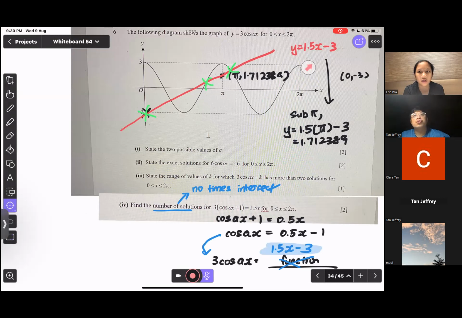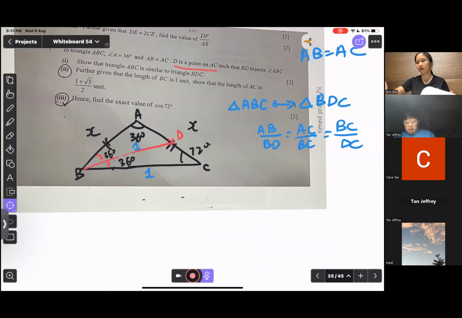Oh, wait. Oh, I have to sub in pi. You sub in pi because the x values are all... Okay, I got it. Okay, thank you. Okay, next one.